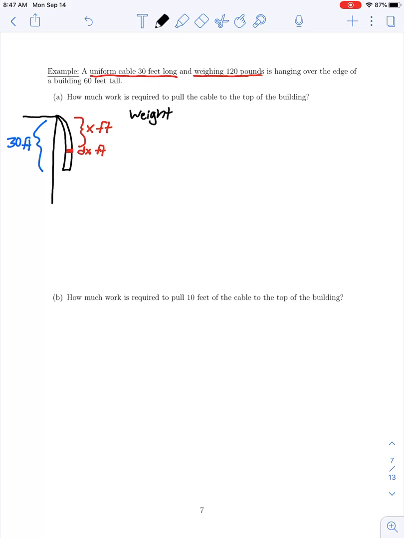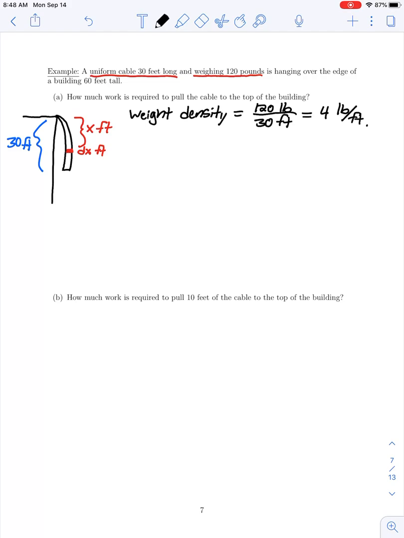We were given it in the previous example. Here we need to find it. So we have a 120 pound cable, and this 120 pounds is divided equally along the 30 feet of this rope. So we have 4 pounds per foot would be our weight density for this cable.